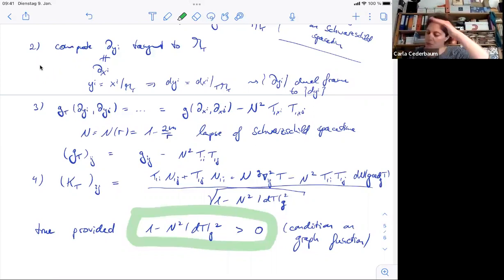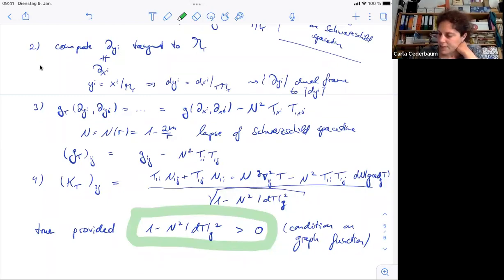The normal should be time-like, in other words. So this is a condition ensuring across M that the hypersurface is really an initial data set and not something that is null or time-like somewhere. Okay, so under this condition, this initial data set has the metric g_t and the second fundamental form K_t, for which I just wrote down a formula in components.